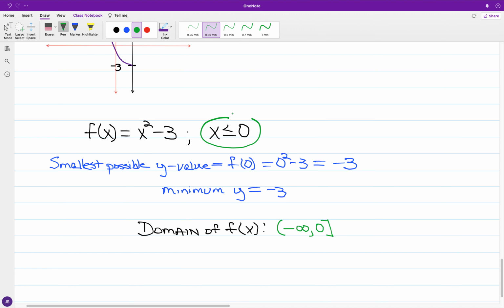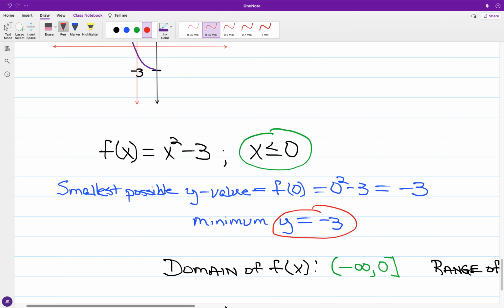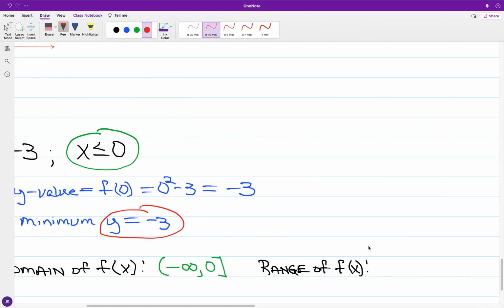And as for the range of f of x, again, the minimum y value was at -3. So we have for the range, we're going to go from and including -3 on out to infinity.